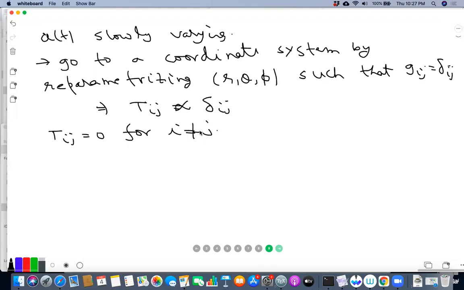And so let's try to understand if this is what we expect. Recall that Tij is the flux of the ith component of momentum along the j direction.